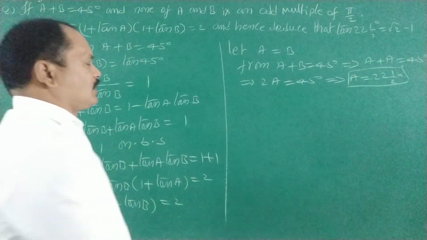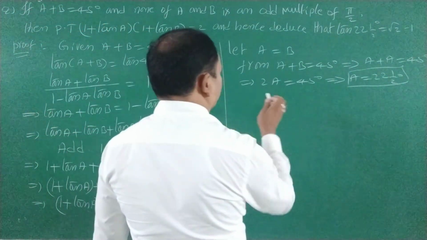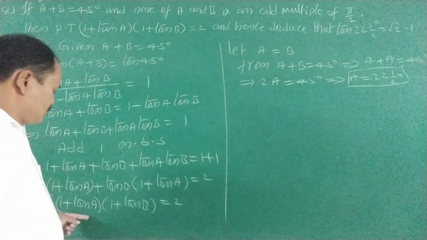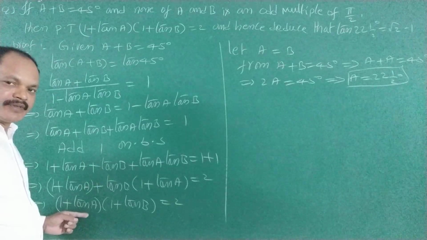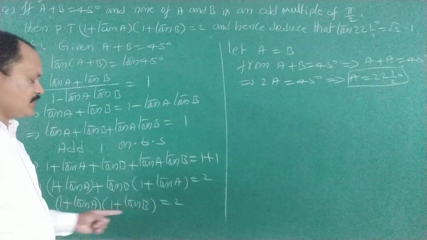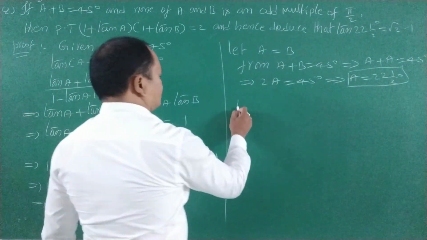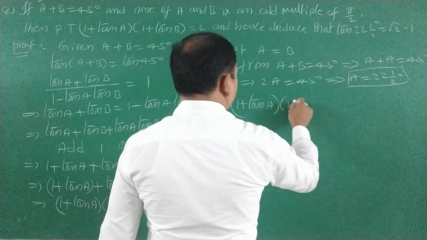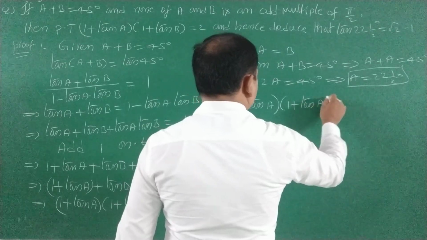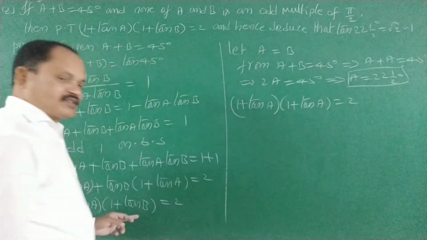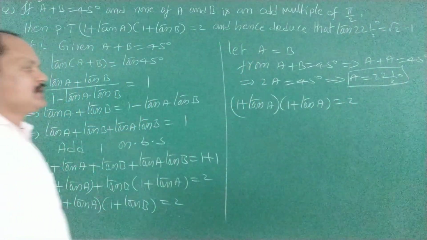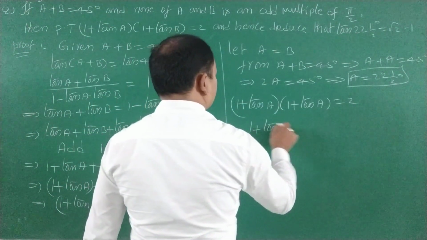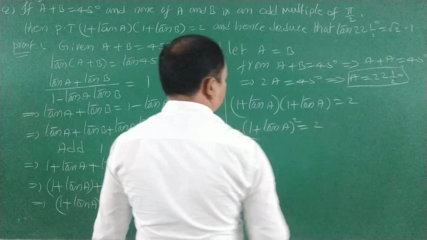Okay. Now from this equation, in place of b we have to write a. Then 1 plus tan a into 1 plus tan a is equal to 2. Since in place of b we have to write a. That's why it is 1 plus tan a whole square is equal to 2.